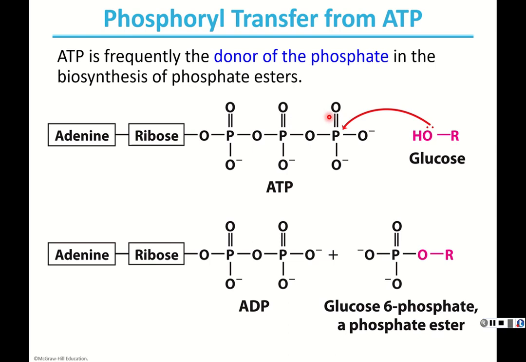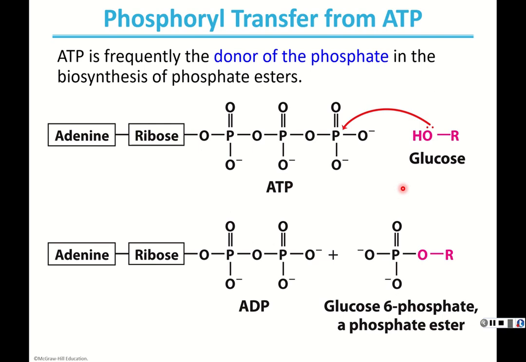And then reactions that cleave that bond have very negative delta G values, and they can be used to drive a reaction that has a very positive delta G forward.